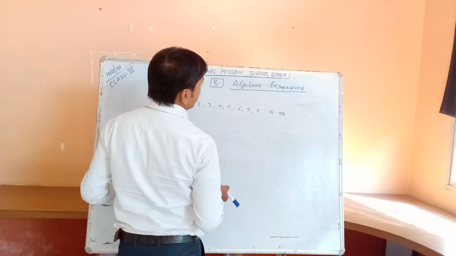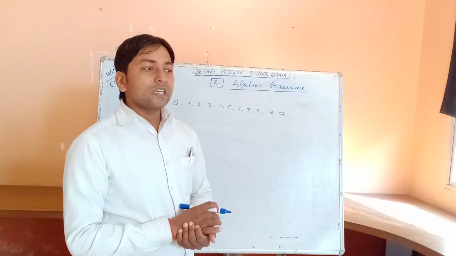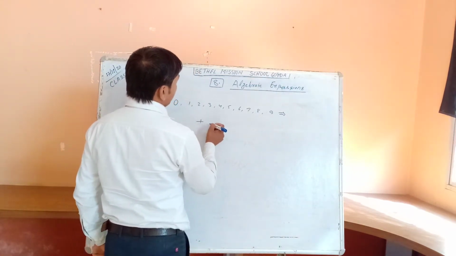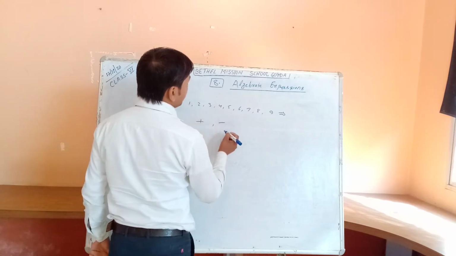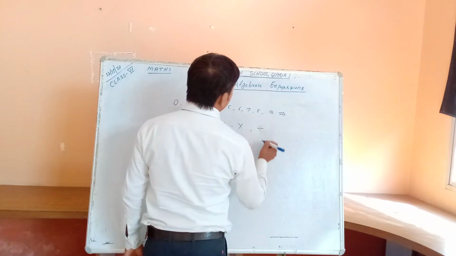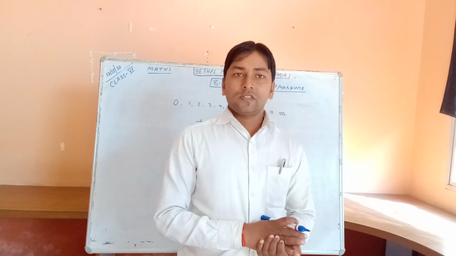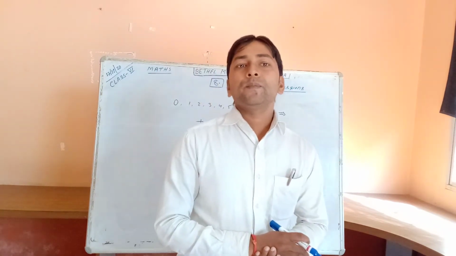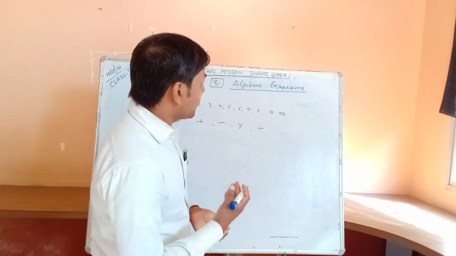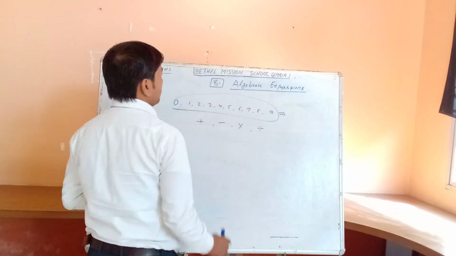Ten symbols are used to write any number, and some operations are also used, suppose for addition, for subtraction, for multiplication and division. Four arithmetic symbols are used, and using these we solve any questions. For writing any number we use these 10 numbers.